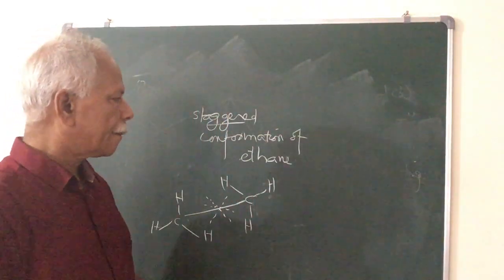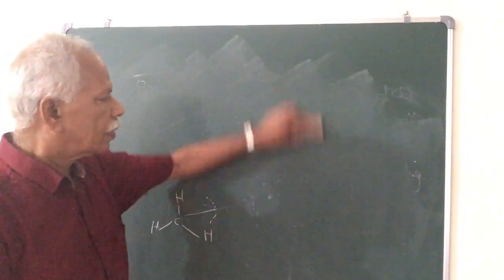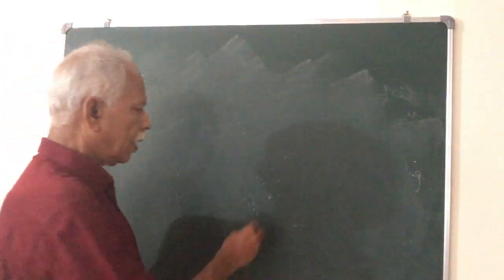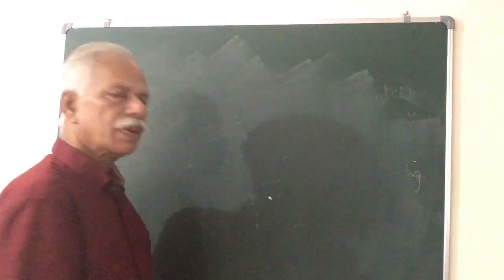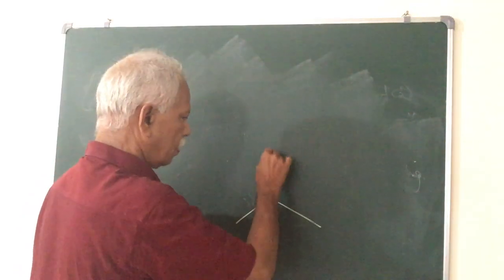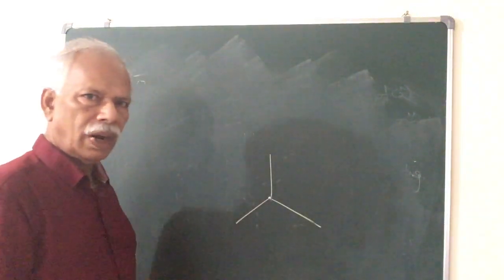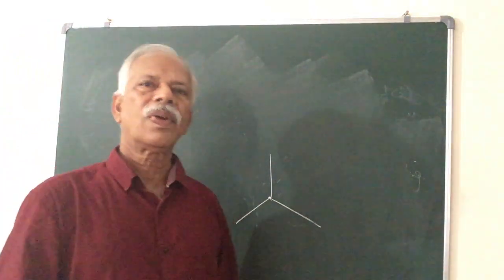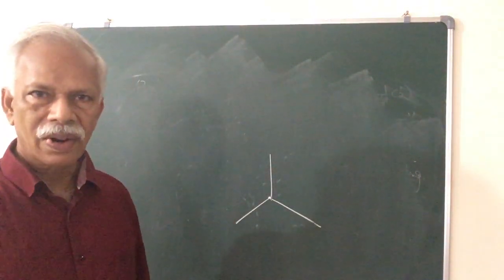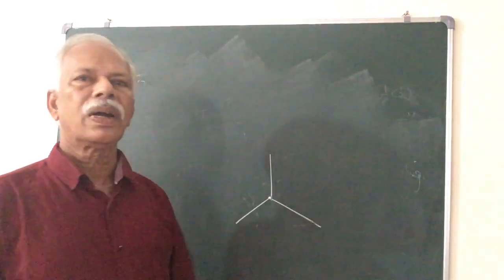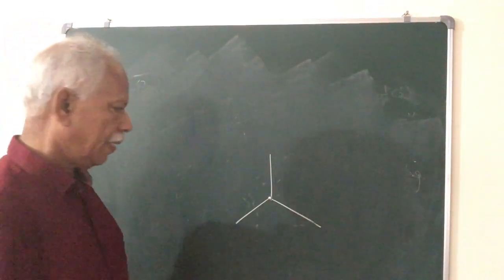A better projection formula is due to Newman, where the front carbon is simply a dot and the projection of three hydrogens on the board. Although the sp3 HCH bond angle is 109 degrees 28 minutes, when you project that in this manner on the board, the bond angle looks like 120 degrees.